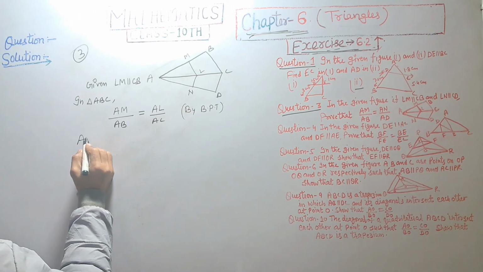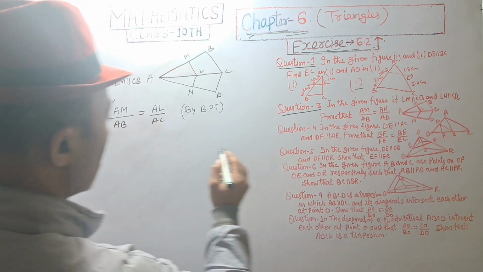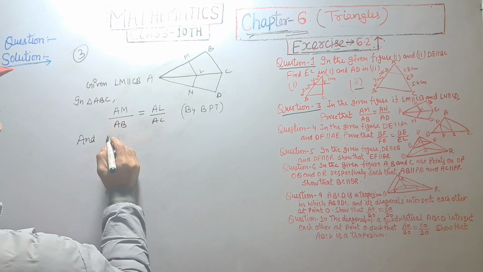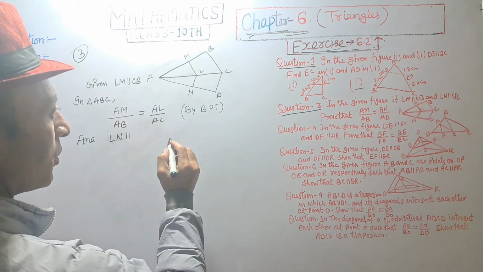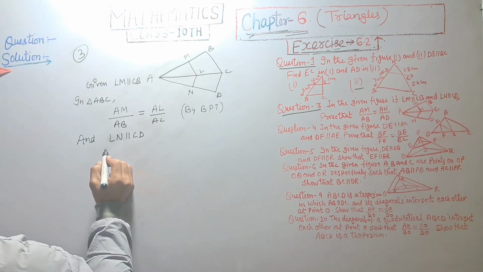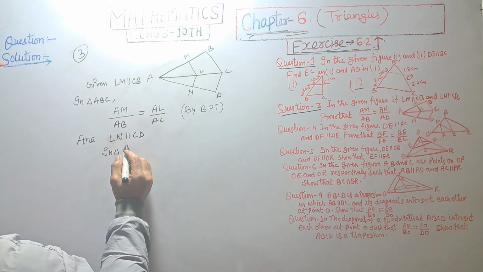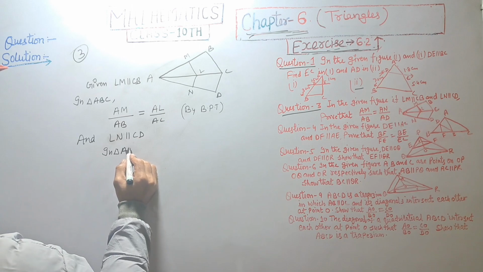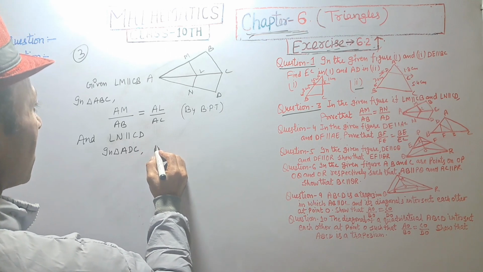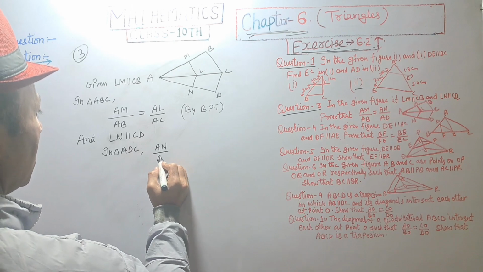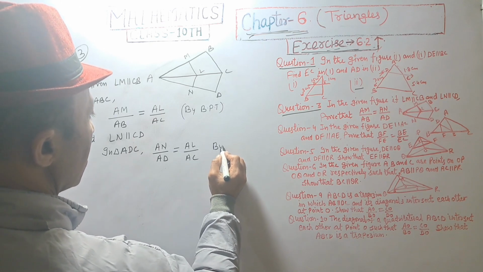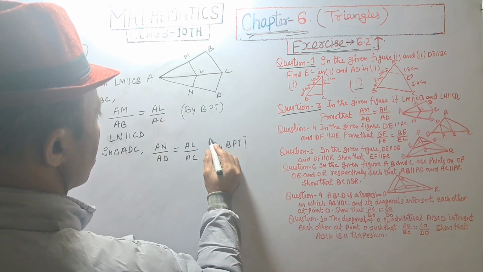And LN is parallel to CD. In triangle ADC, AN upon AD is equal to AL upon AC by basic proportionality theorem.